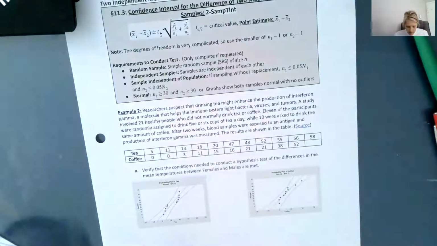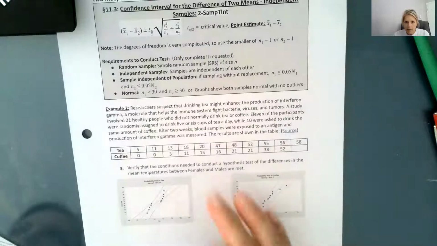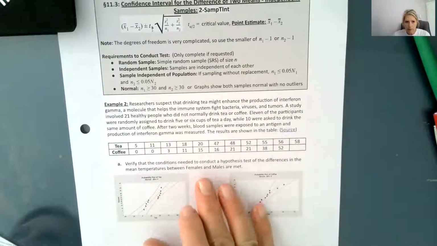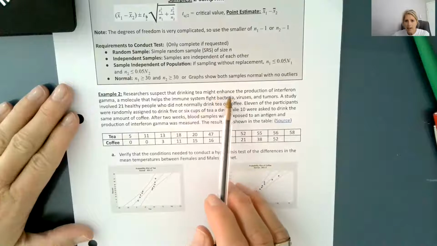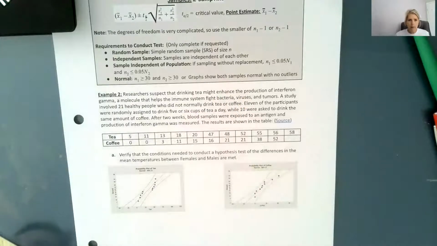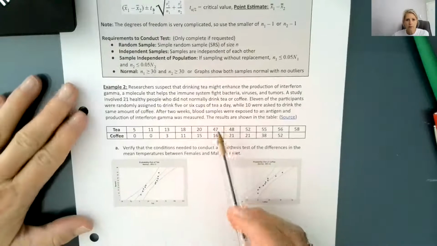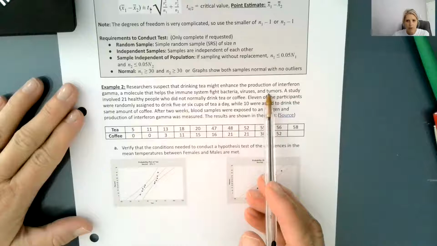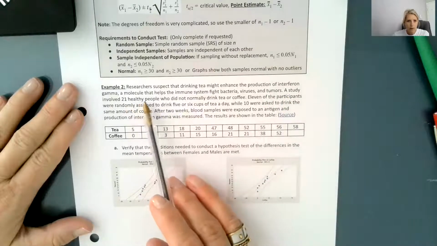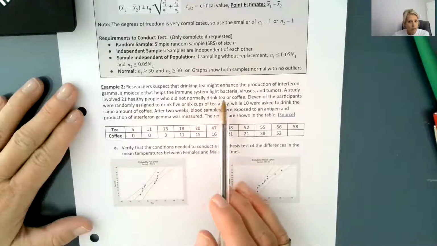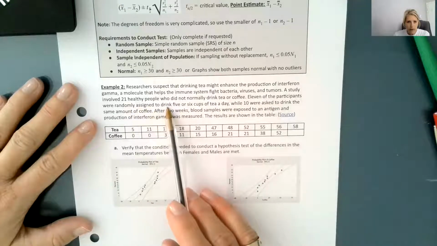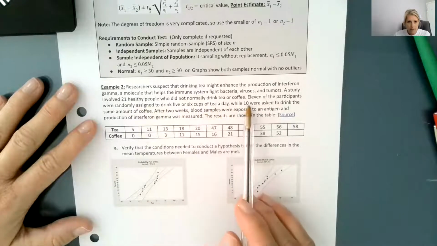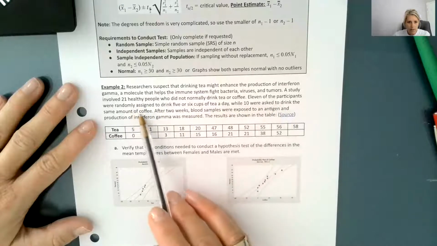Okay. So we have data. So you can find this data in statcrunch momentarily. It says researchers suspect that drinking tea might enhance the production of interferon gamma, a molecule that helps the immune system fight bacteria, viruses, and tumors. A study involved 21 healthy people who did not normally drink tea or coffee. 11 of the participants were randomly assigned to drink 5 or 6 cups of tea a day, while 10 were asked to drink the same amount of coffee.